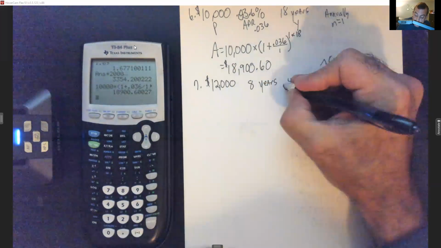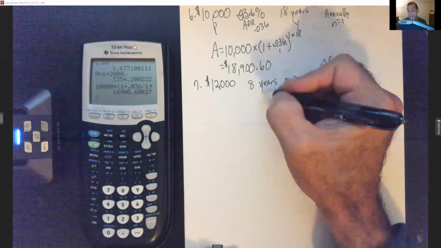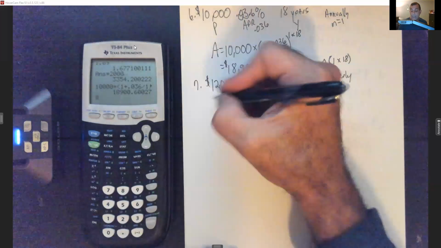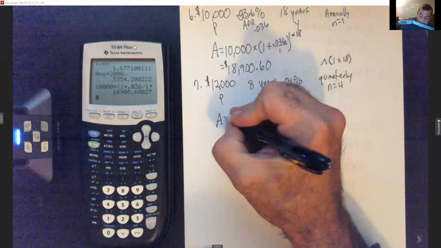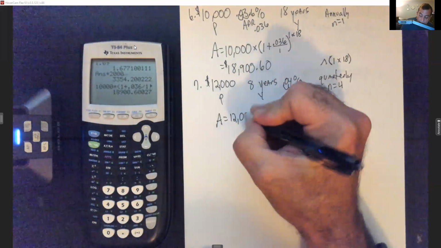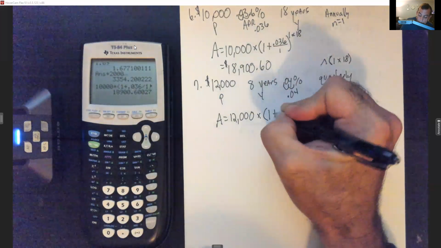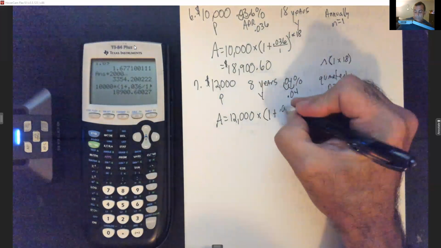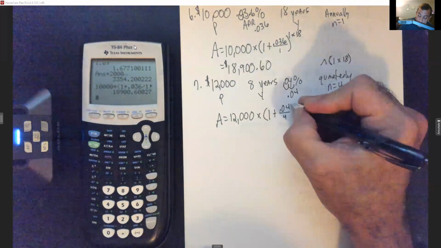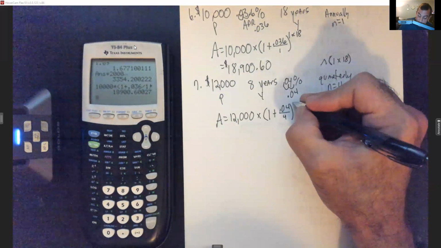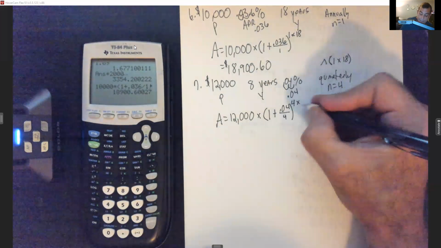So that would give me a 0.04. There's my Y, which is 8 years. And there's my P. All right, so let's plug that in. A equals 12,000 times parentheses 1 plus my APR, which is 0.04, divided by my N, which is 4. And then this exponent, N is 4 times my Y, which is 8.